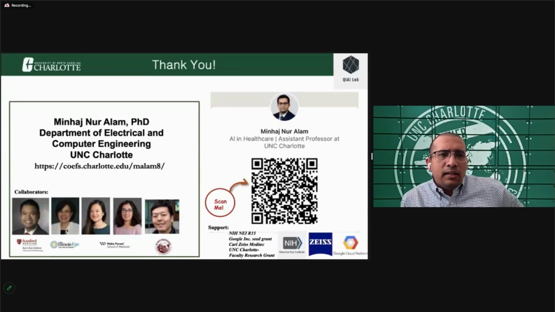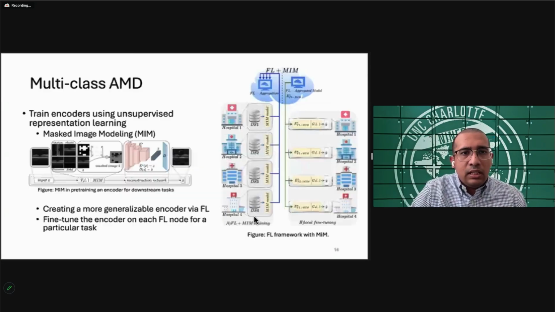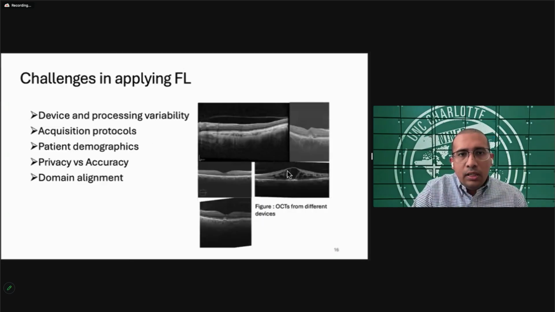Great question. So AMD, technically, there are some interventions there. For example, you can provide anti-VEGF injections, and it's actually a huge area of research to predict how many anti-VEGF injections you need to provide for a patient to get better. For example, if you look at some of the images of AMD, like this one, there's fluid accumulation there. If you provide this injection, this goes down and becomes normal.